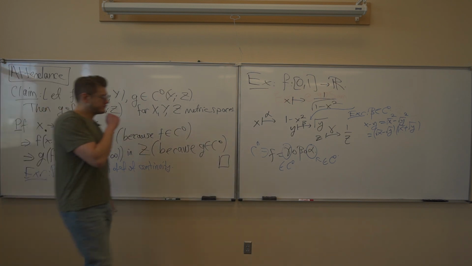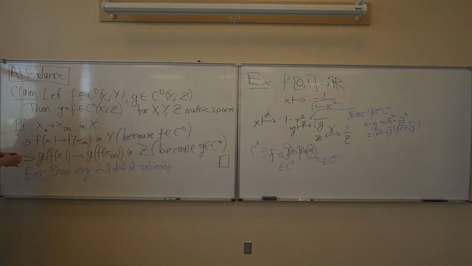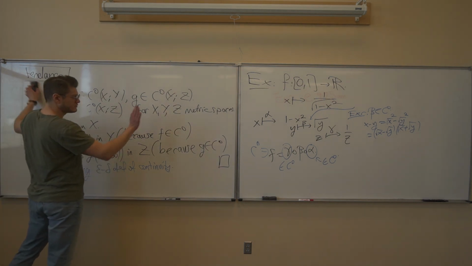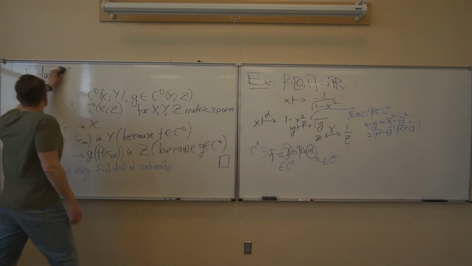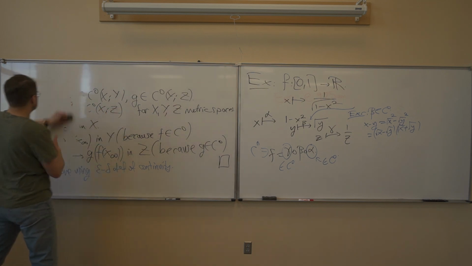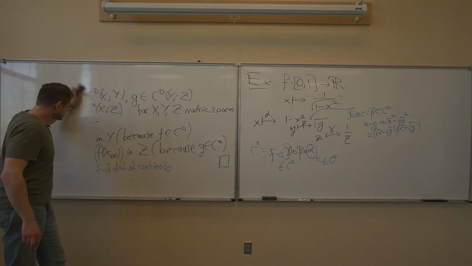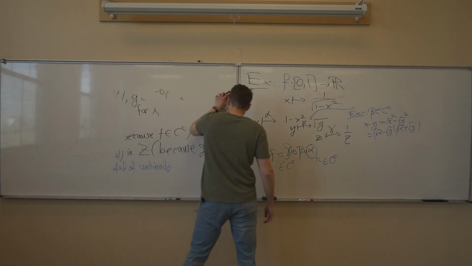So here's our first theorem about continuous functions. Now I want to specialize to functions like this. I gave the definition in the abstract, but now that we're done with the definition, I want to specialize to the context of single variable calculus.